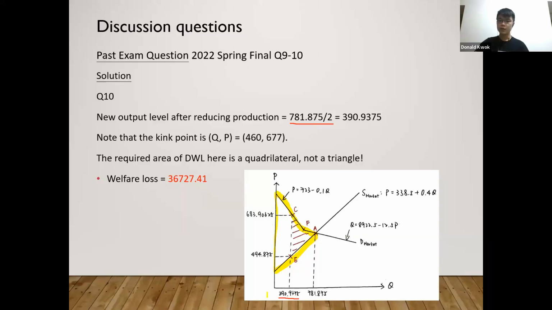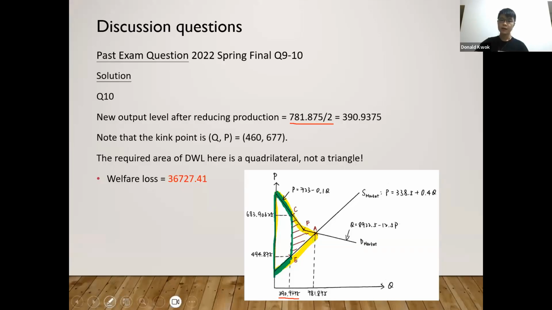While at the new quantity, 390 point something, the area of total economic surplus will be the area constrained by the demand curve and supply curve until this quantity of 390. So this green trapezium will be the total economic surplus at the new quantity. And as you can see, the total economic surplus is decreased by this red shaded area, the area CFAE.